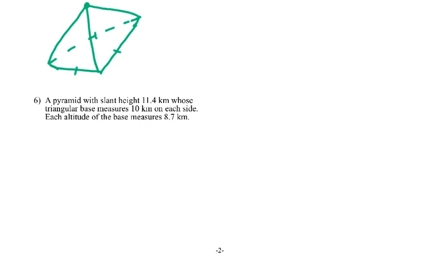All right, so now I'm going to label the dimensions. It has a slant height of 11.4 kilometers. This is a ginormous pyramid. I don't know what world we're in where we have pyramids that big, but and then a triangular base measures 10 kilometers on each side.